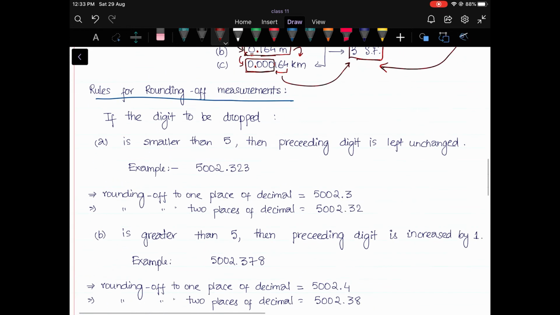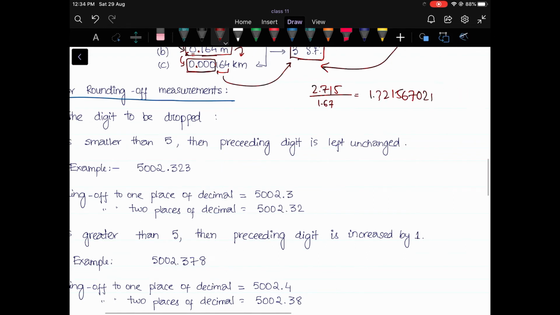The next topic is rounding off of measurements, and that is quite important again. Sometimes we get numbers like 2.715 divided by 1.67, suppose, and suppose I am getting 1.3215670 after dividing these two numbers.